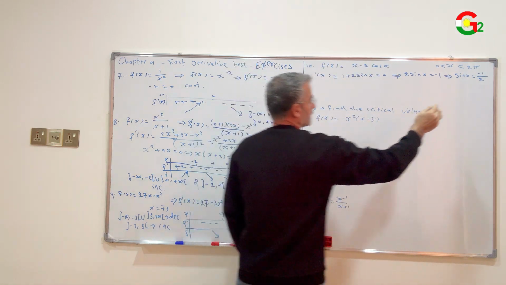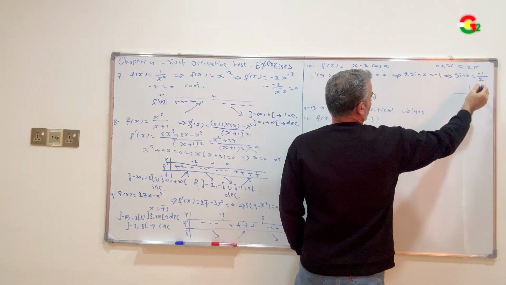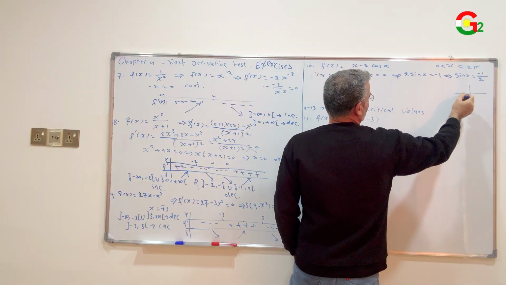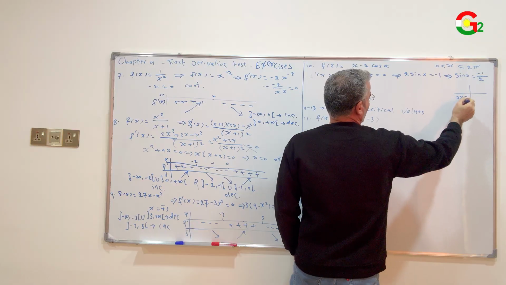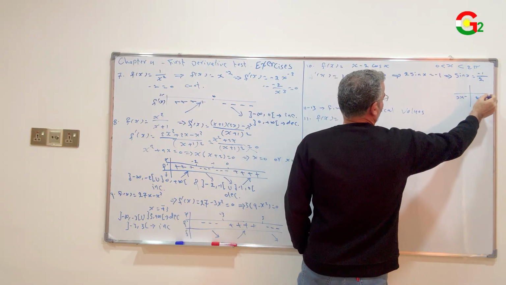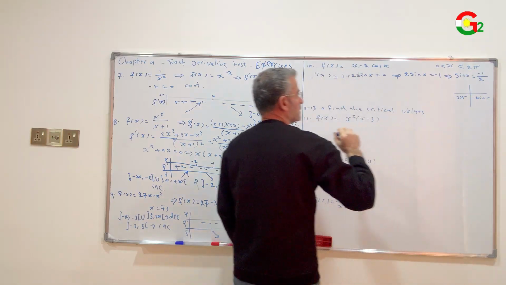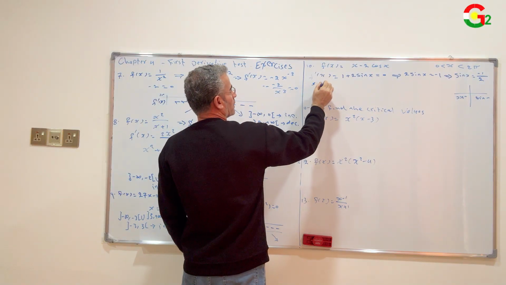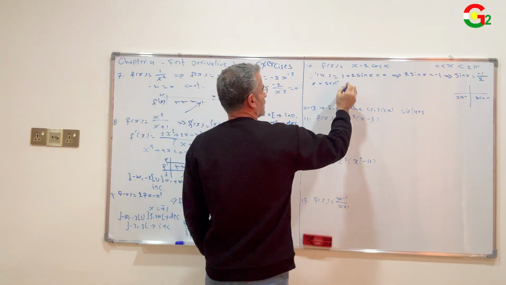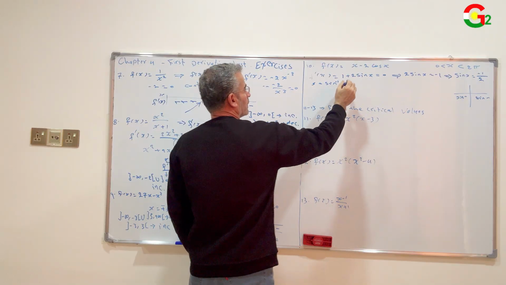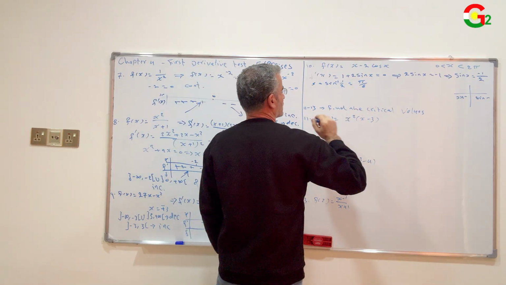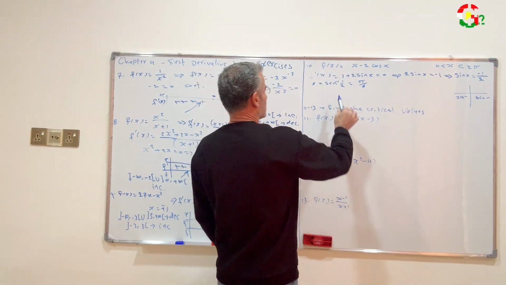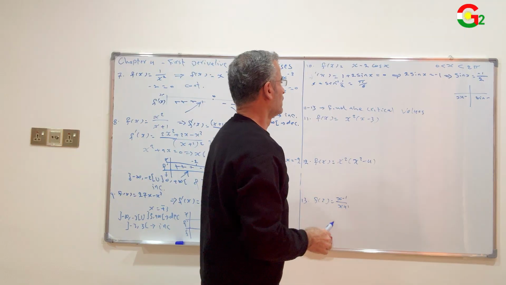So the sign is negative in quarters 3 and 4. Here the sign is negative. And x equals sine inverse of a half, from the calculator, equals pi over 6.